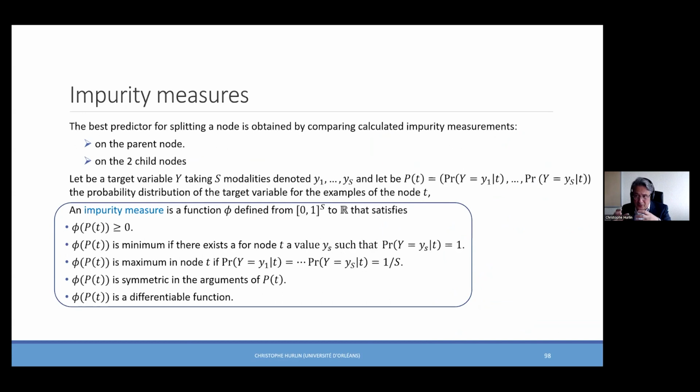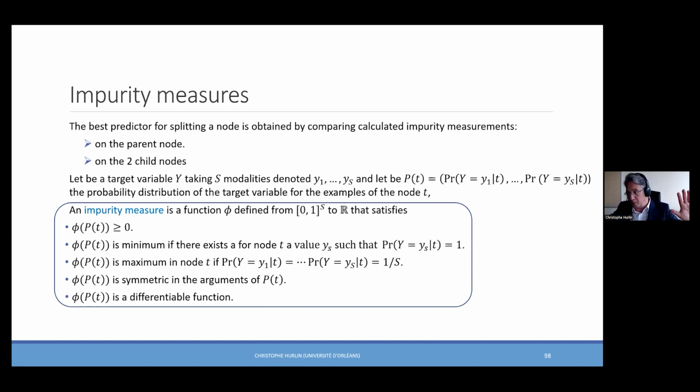We compare all the variables and the threshold if it is a continuous variable, and we use all these to separate the population. For instance, I consider gender and separate according to gender. I consider income with a threshold of 500 euros and separate my population in two groups given their income.